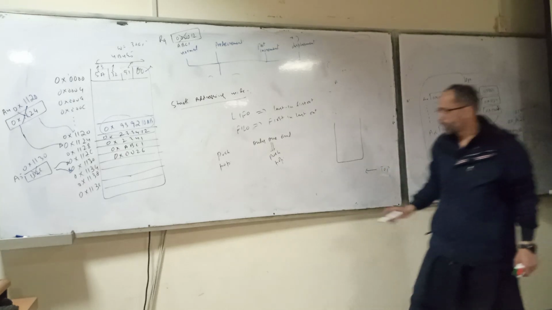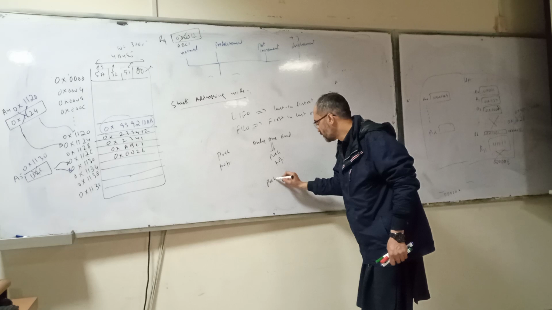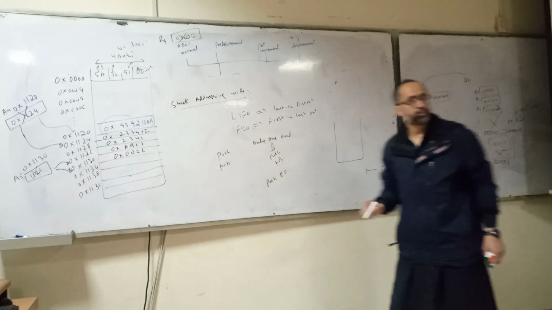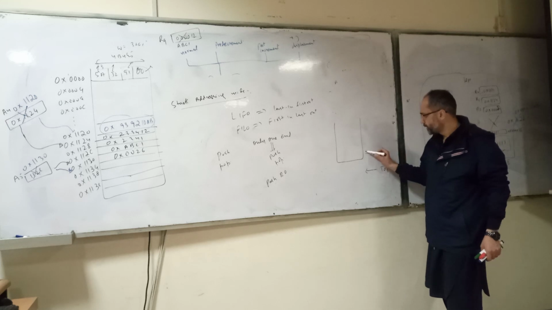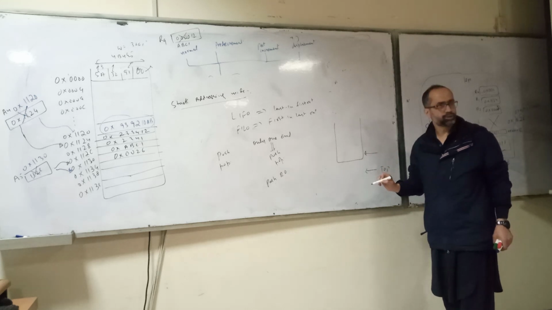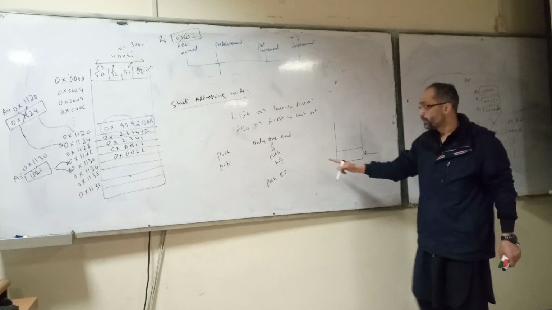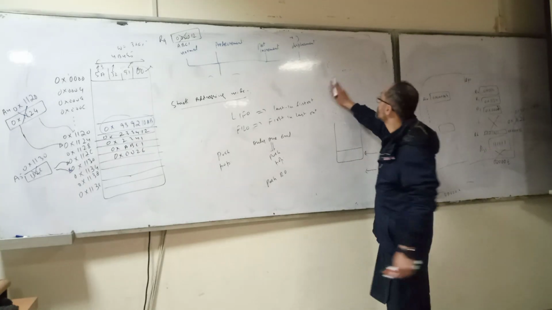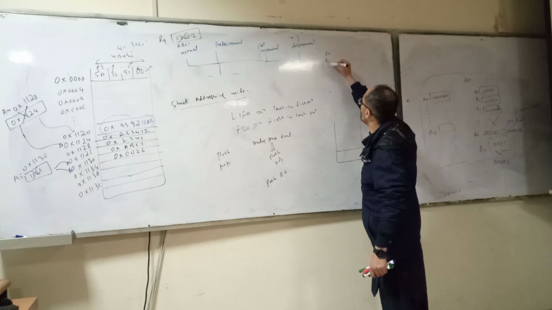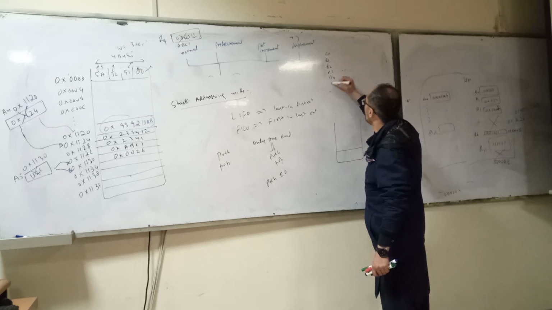But when you perform a push R0 operation, the top will be updated and move to the bottom location, and the contents of R0 will be moved to the stack. Let's assume we have some registers R0, R1, R2, R3, R4, R5.